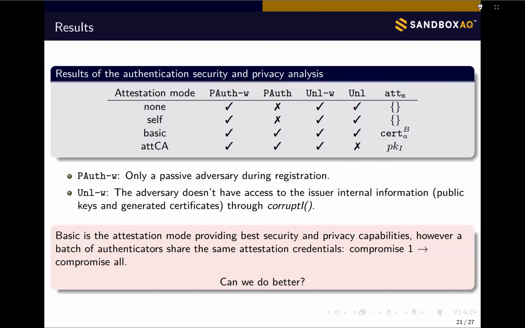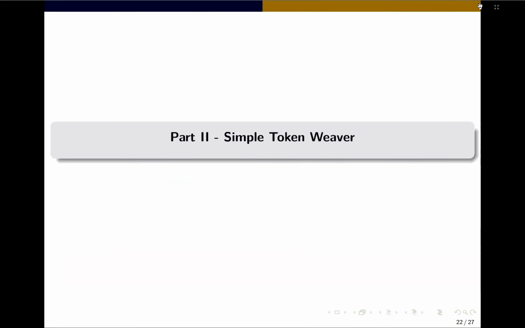And because these devices are used by end users, imagine the drama in case you have to replace and present these new hardware tokens to the users again. So we thought that maybe we could do something better.